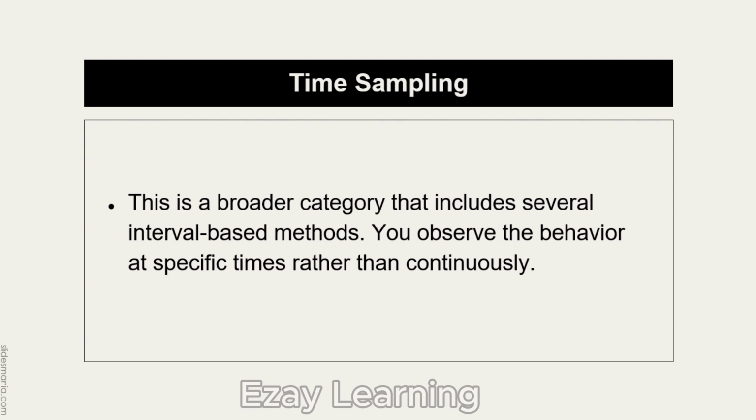For continuous measurement, you have to observe the behavior continuously without any gap or delay. But for discontinuous measurement, you divide the time into different samples, different intervals, and that's why it is called time sampling, sampling the time.